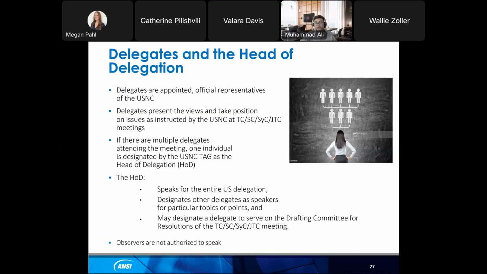This drafting committee has representation from the folks that volunteer, and the head of delegation determines whether the US is going to participate, and if so, who the delegate is going to be from the US that is going to participate in that drafting committee of the resolutions.